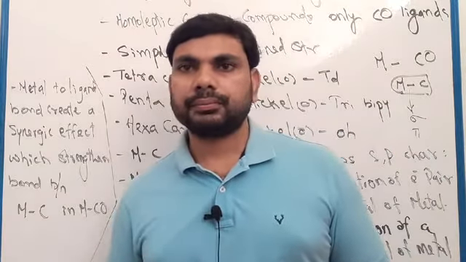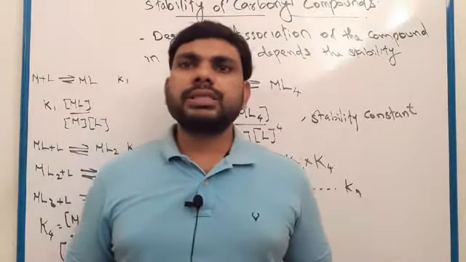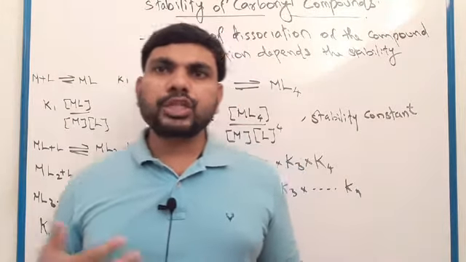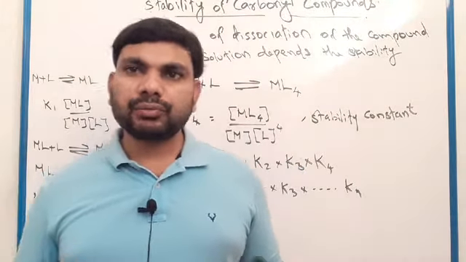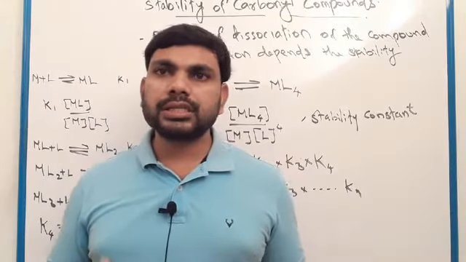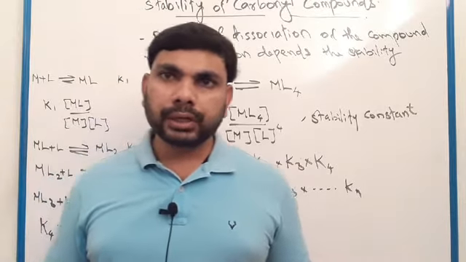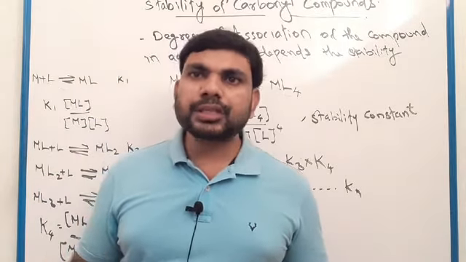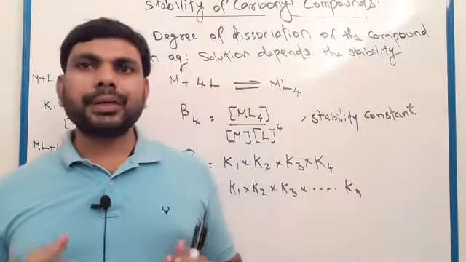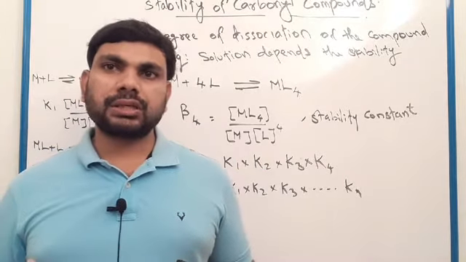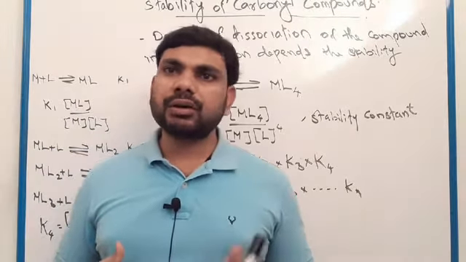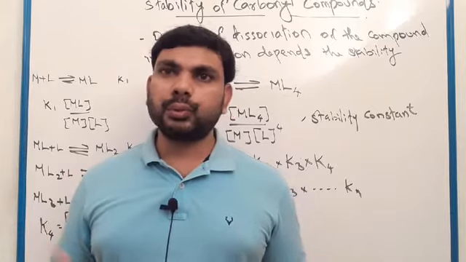Clear? Okay, next we have to discuss the stability of metal carbonyl, stability of coordination compound, or you can say stability of metal carbonyl compound. The stability of a metal carbonyl compound depends on the degree of dissociation of the compound in aqueous solution.